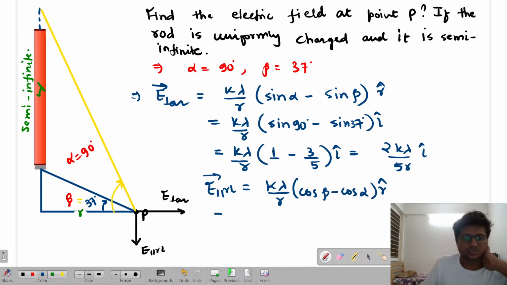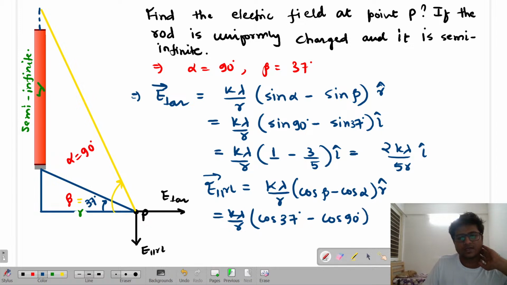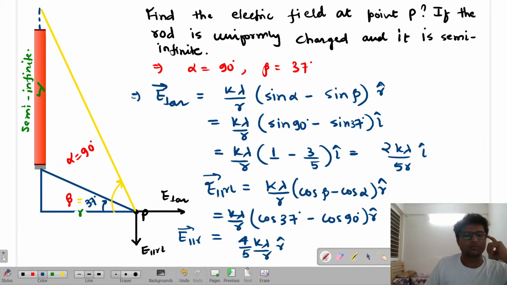So this becomes k lambda by r, cos 37 minus cos 90, so it is simply 4 by 5 k lambda by r. Are you able to get me or not?